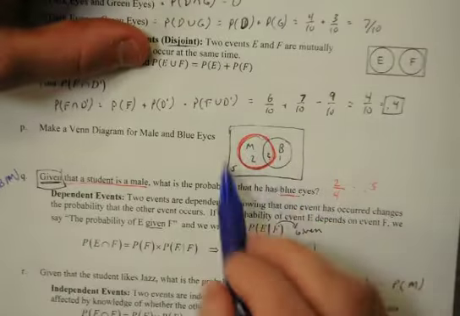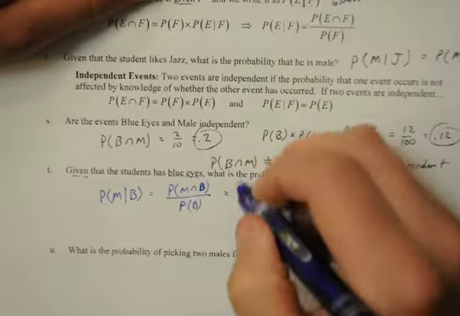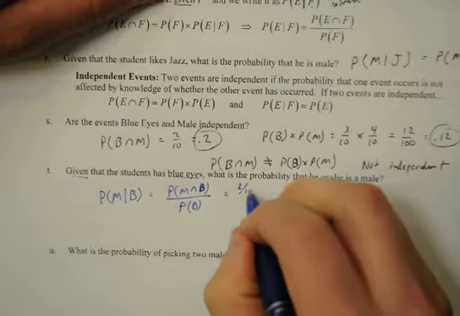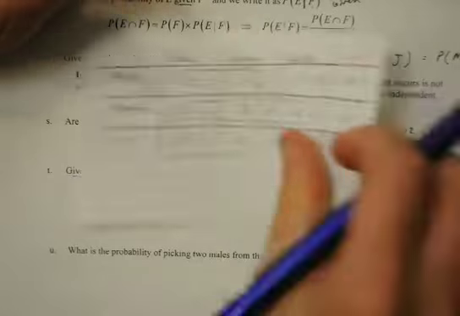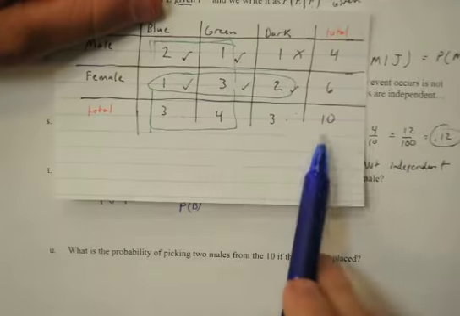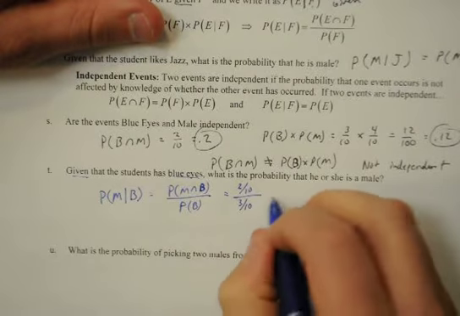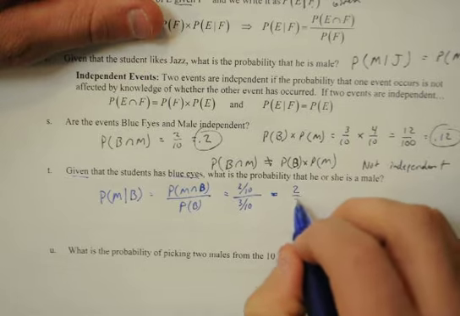That's 2 out of 10. What's the probability of blue eyes? There's 3 out of 10 total. So the answer is 2 out of 3.